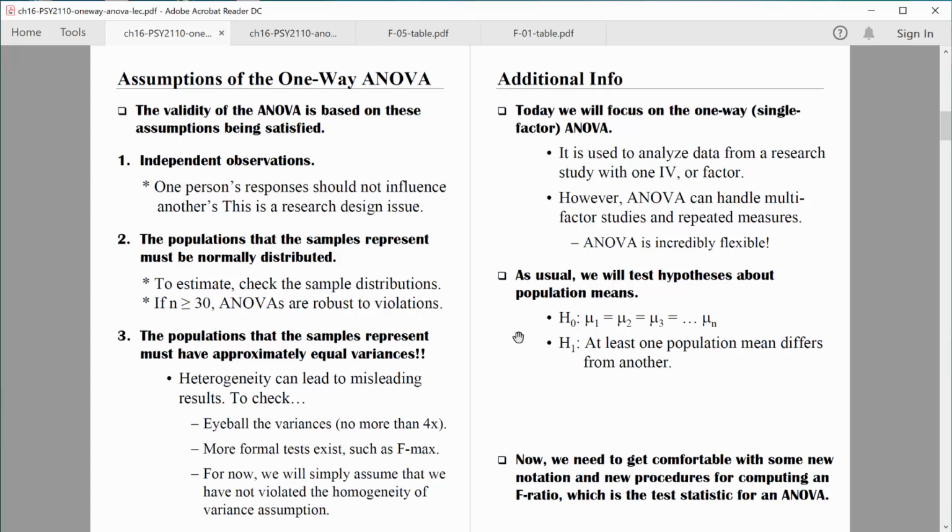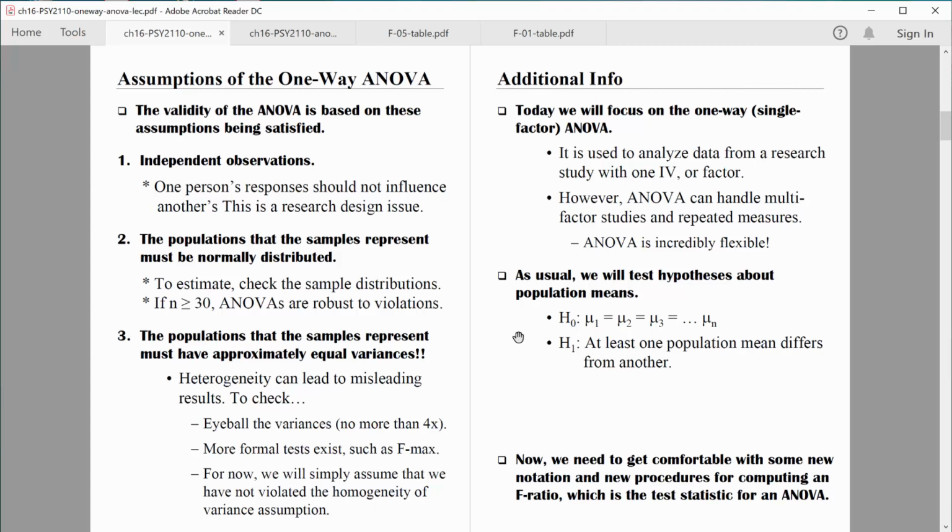Let's talk about the different hypotheses that we're going to be comparing. Because in all of the statistical tests that we've learned, in step 1, we set up some competing hypotheses. And the null hypothesis always states there are no differences. There is no effect. And remember, when we collect data from a sample, we're trying to learn about the populations they represent. So I might collect data from 50 Democrats, 50 Republicans, and 50 independents, but I don't really care about those 150 people.